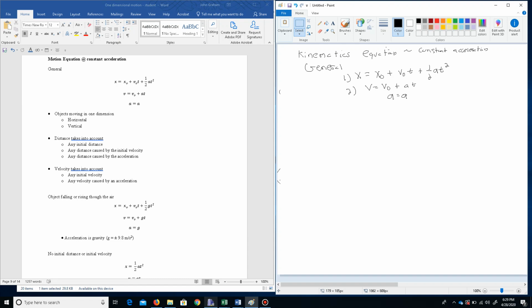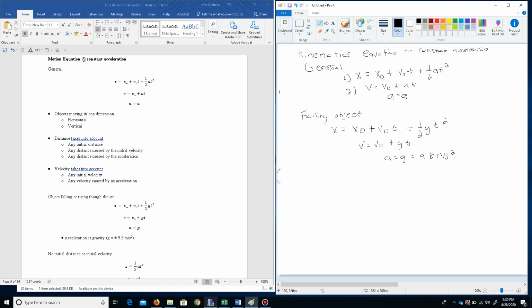And so when we are looking at a falling object, the distance is in one direction, but it's going up or going down in this case. You'll have x equals x sub 0 plus v sub 0 t plus 1/2 g t squared, and v equals v sub 0 plus g t, or a equals g, which is 9.8 meters per second squared.